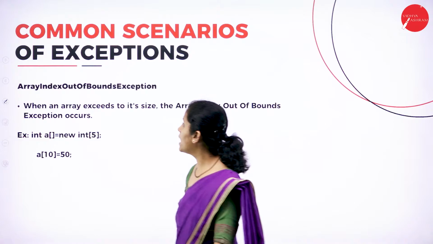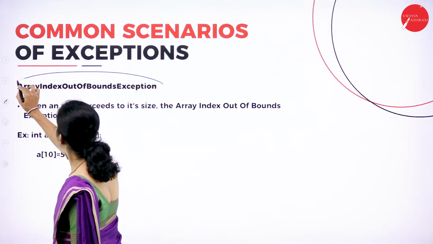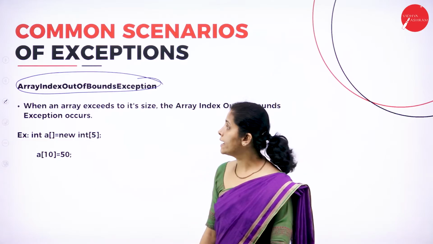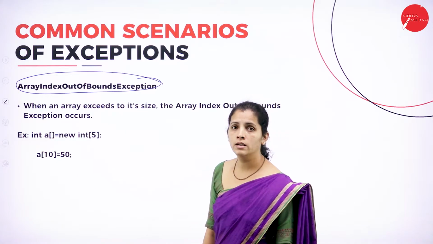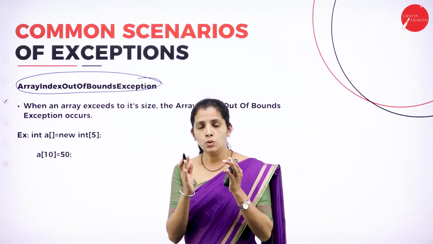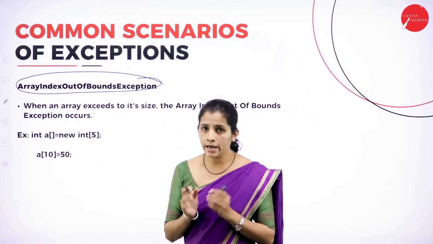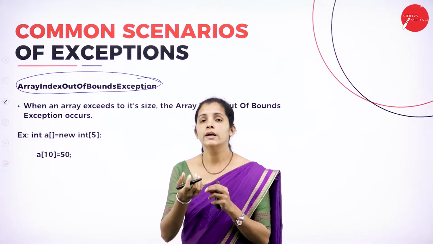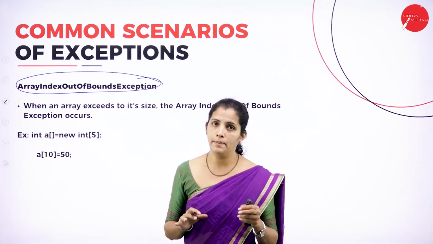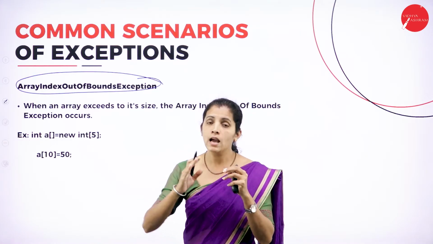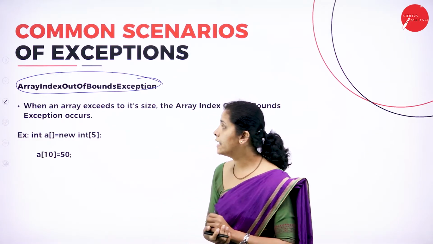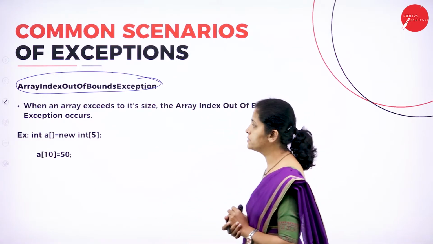Then I'm going to have array index out of bound. So what is this array index out of bound? I'm going to have some array range. From that I can get the position or element, and if I try to go out of that range, then it generates array index out of bound exception.